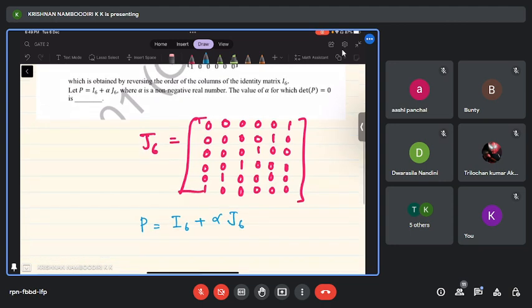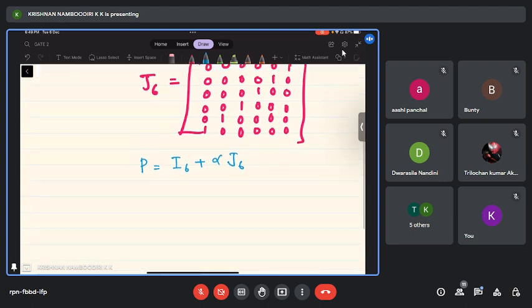Now what? Yeah, alpha is a non-negative real number. It is given. Okay, the value of alpha for which determinant of P equal to 0. Again, determinant of P equal to 0 means what? This is a rank deficient matrix.